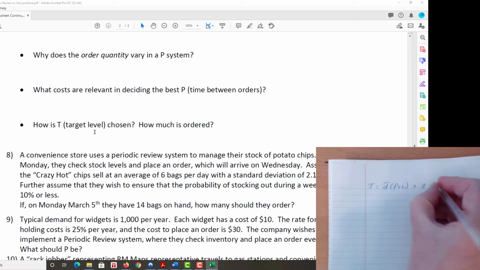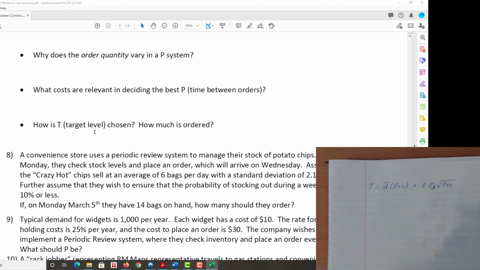Let's write out that formula. It's telling me what's driving the target level. Well, it depends on how long between reviews, so P. It depends on the lead time. It depends on variability in demand. It depends on cycle service levels. So these issues are all important.